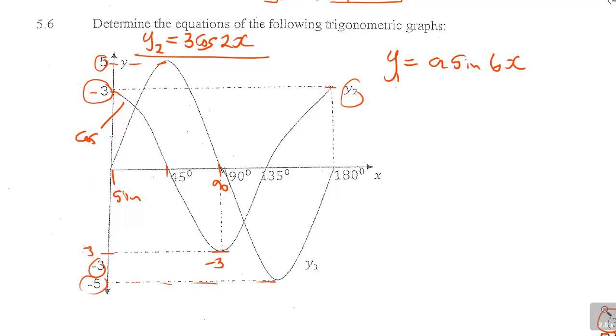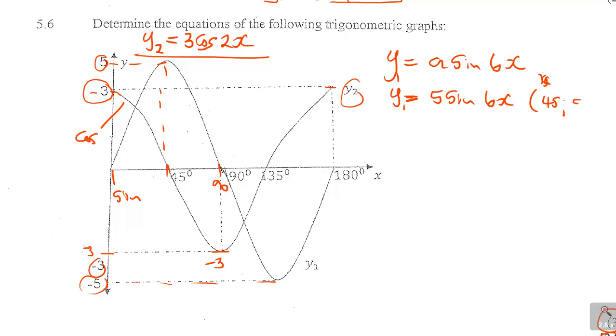So a's amplitude is 5, so y1 is equal to 5 sine bx. I also look for a coordinate that I can use to substitute. You can see this coordinate there. So there is a 5 and 45. So when x is 45, this is my x.